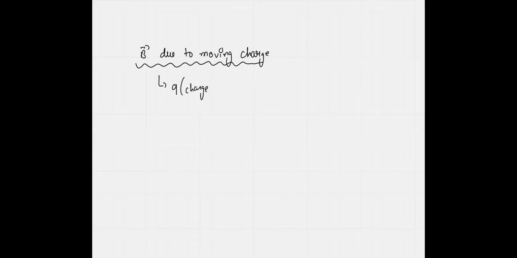Start discussion. Magnetic field due to moving charge. So basically, if a charge is static, it produces what? Electric field.